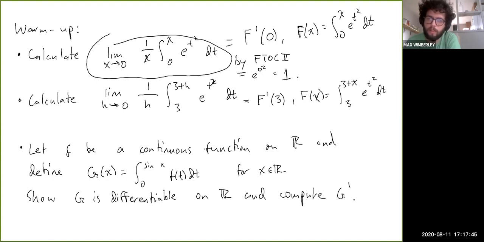And then that's just going to be the value of the function inside again at the point in question, right? So that's e to the 9.